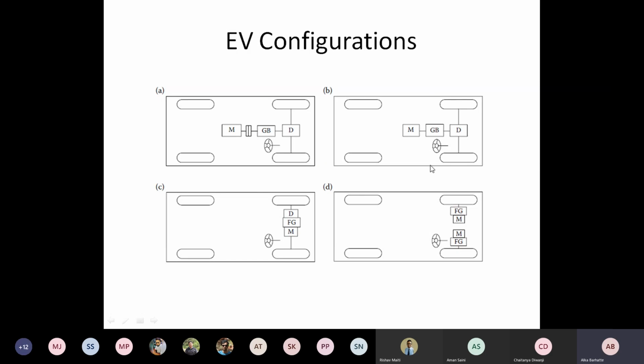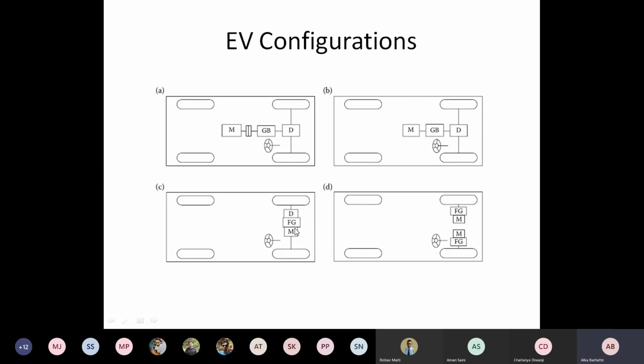Again, there is no need that the motor should be connected through this gearbox. The motor can directly control the vehicle, and hence the motor is directly connected to the wheels. But a single motor is used to drive both the wheels, and hence we need the differential here.